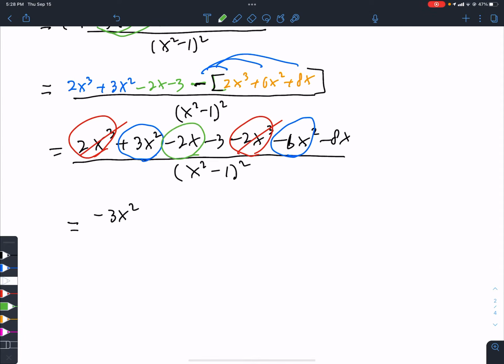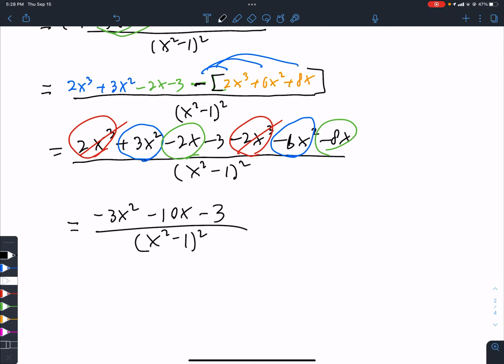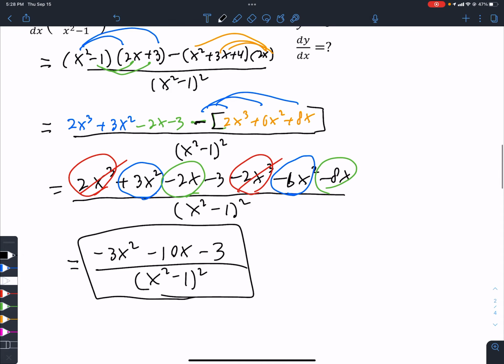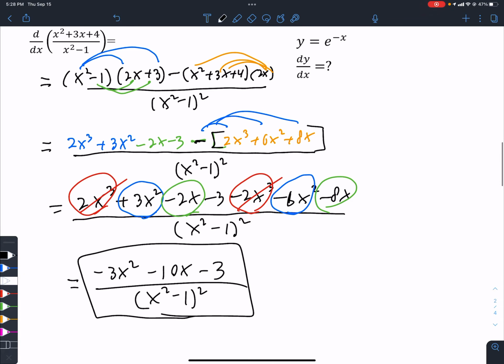And I have minus 2x minus 8x. That's going to be minus 10x. And then I have minus 3. So just minus 3 all over x squared minus 1 squared. That's it. That is your answer. We have found the derivative. Okay? And that's using the quotient rule.